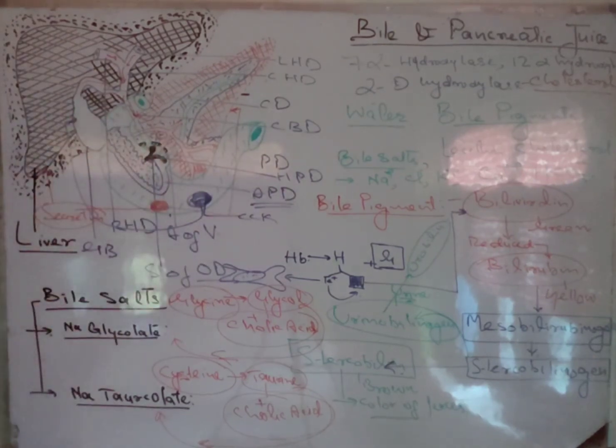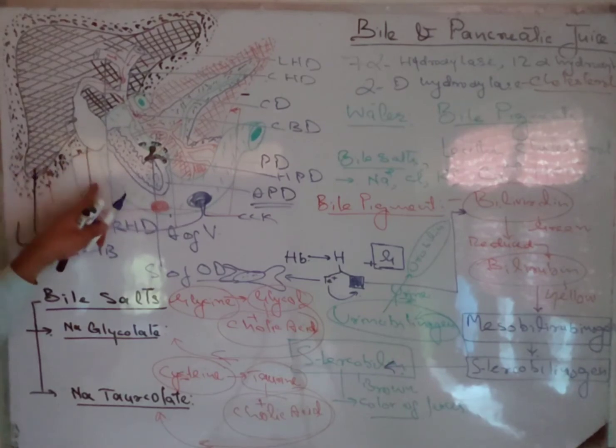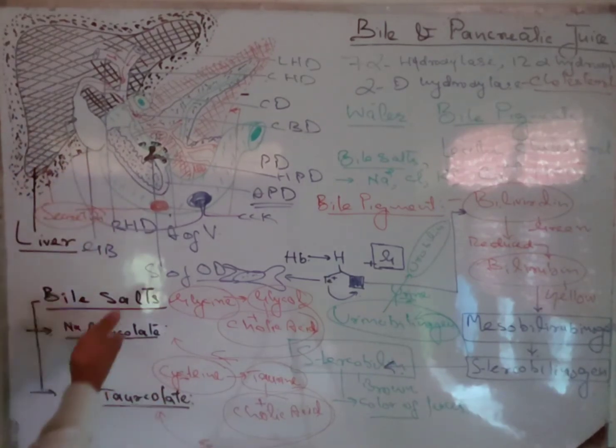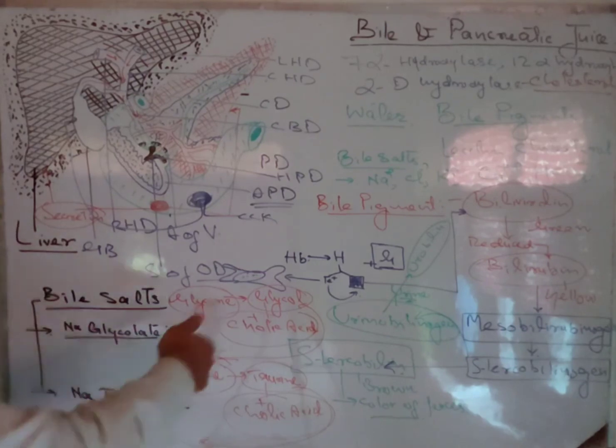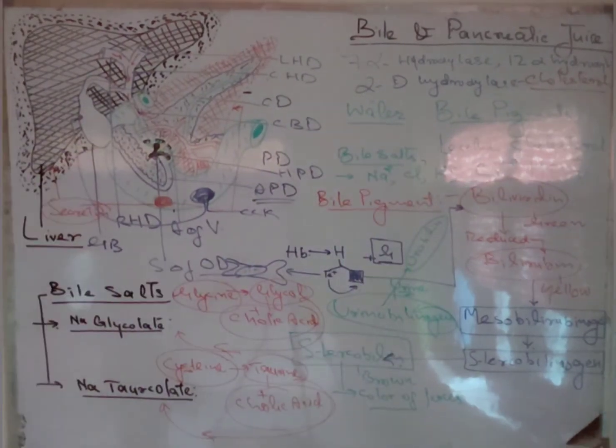And in the duodenum, which has just received the chyme, the acidity of that chyme will be neutralized under the influence of these bile salts and these ionic substances, isn't it?